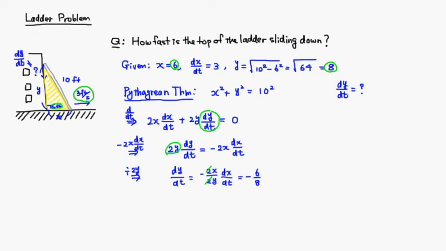And dx over dt is 3, because the ladder is sliding away from the building at the rate of 3 feet per second, so multiply by 3. I guess you can simplify before: 6 divided by 2 is 3, and 8 divided by 2 is 4. That gives us 9 over 4, so it's negative 9 over 4.